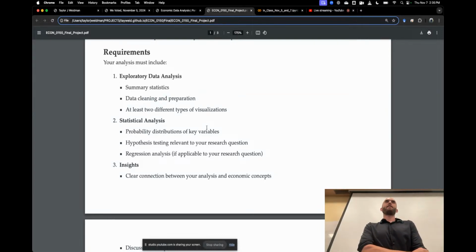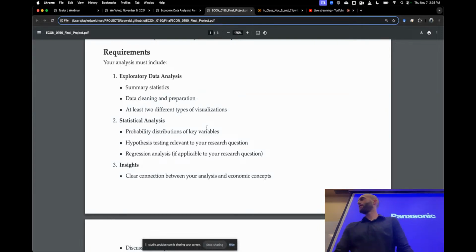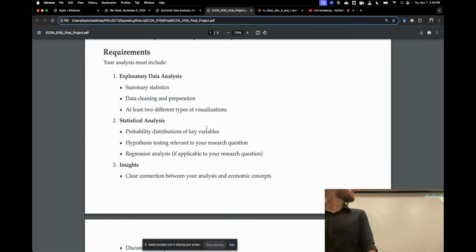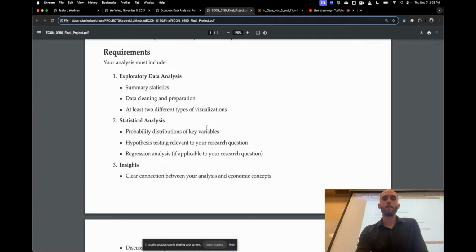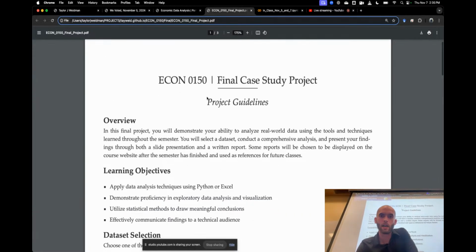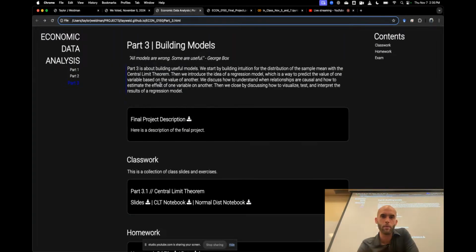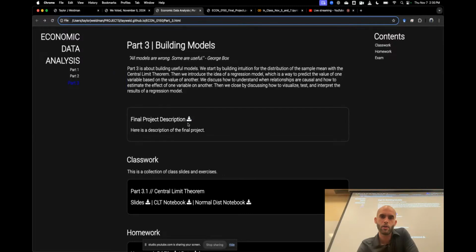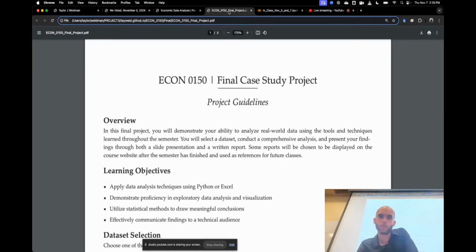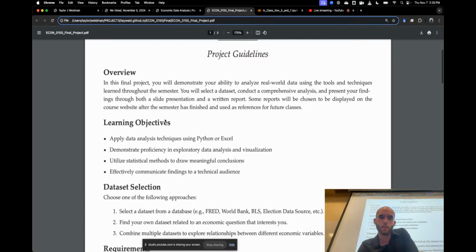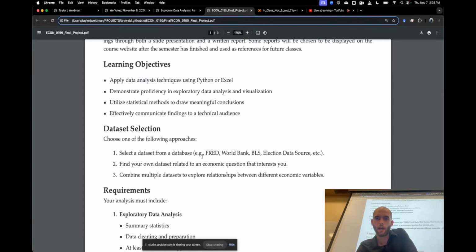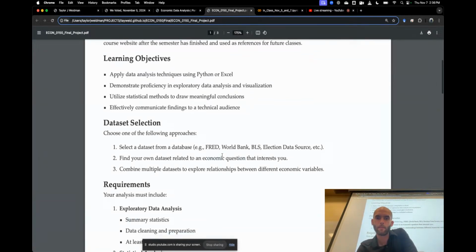So this is a Word file. This is a document you can download from the Part 3 page at the moment, just under final project description. And then this is the overview data selection. So I have a couple of examples here.